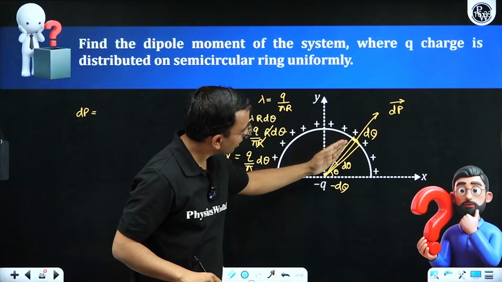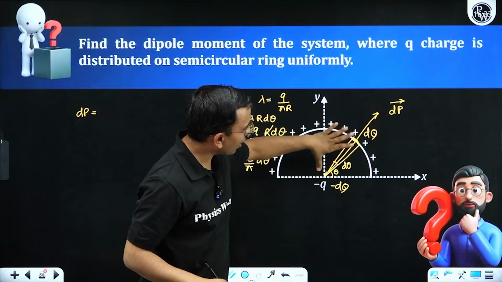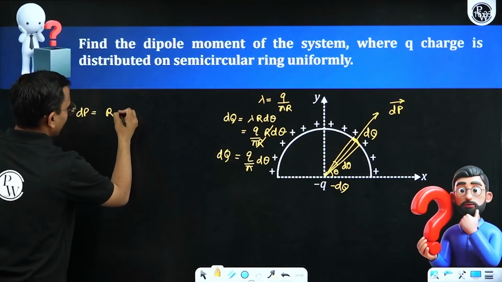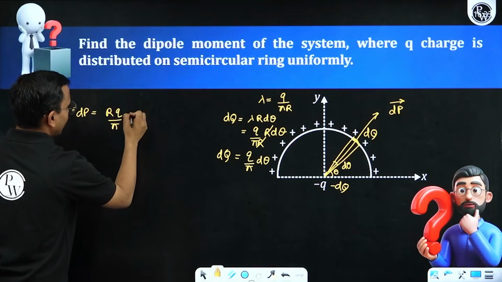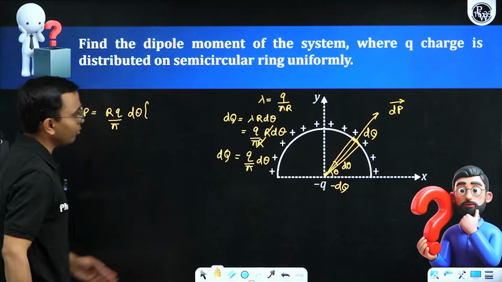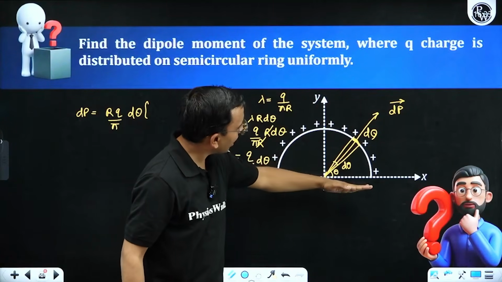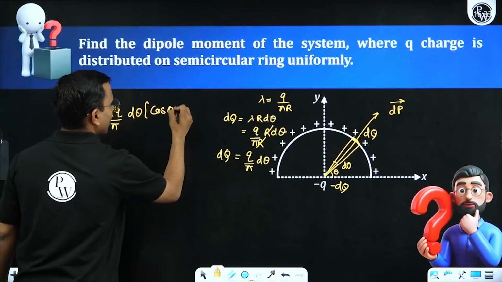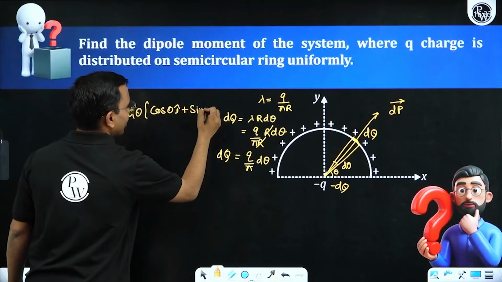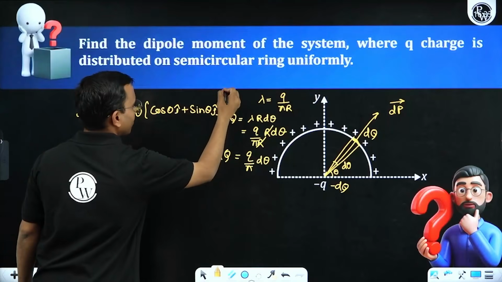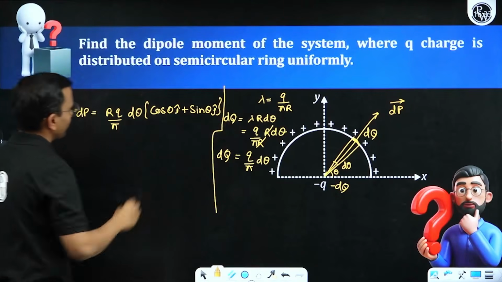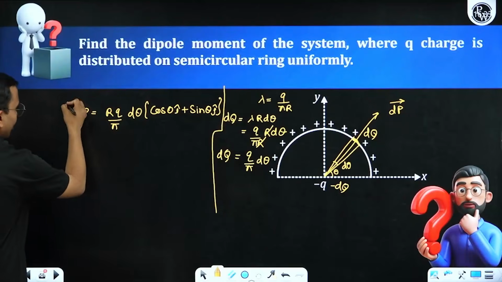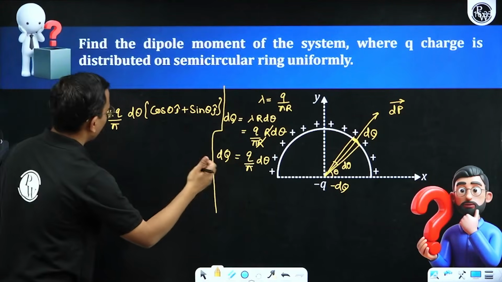Then what is dp? Length is r, charge is dq. So r dq is qr by pi d theta. If I take the components, it is cos theta i cap plus sin theta j cap. Now I have to integrate it. Theta goes from 0 to pi.